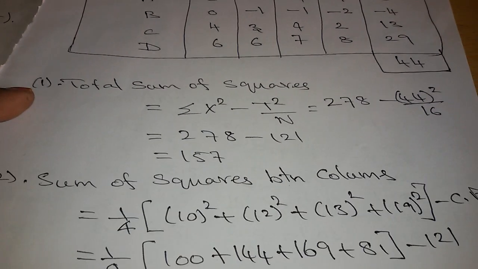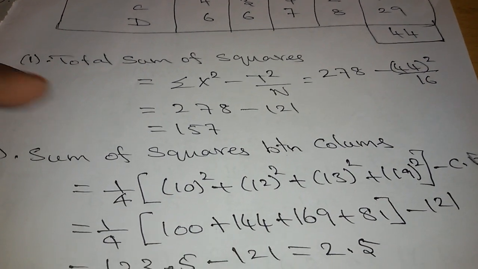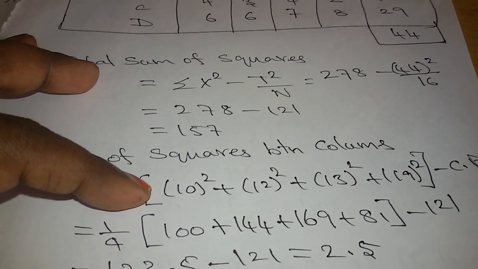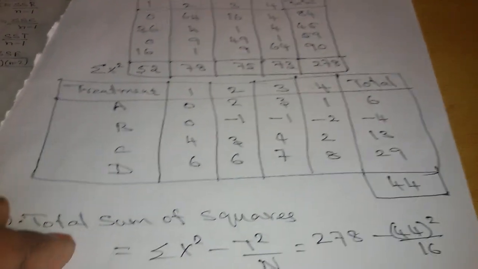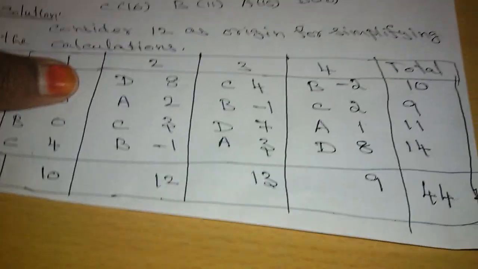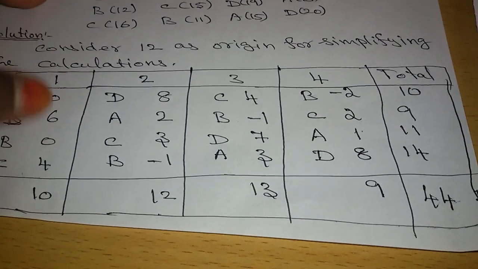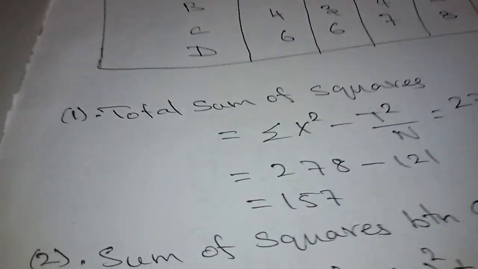The next one is the sum of squares between columns. It is 1 by 4 of 10 squared, 12 squared, 13 squared, 19 squared. That is from the very first table, the column totals: 10, 12, 13 and 19.